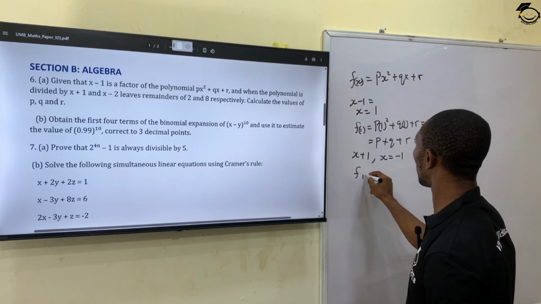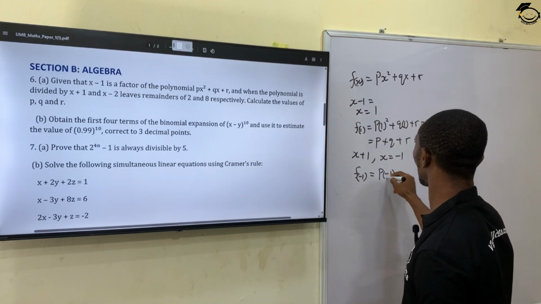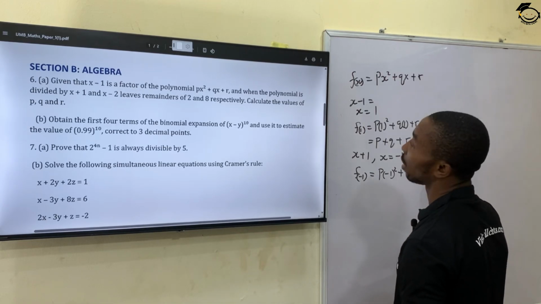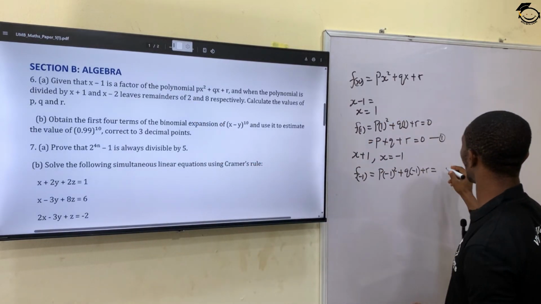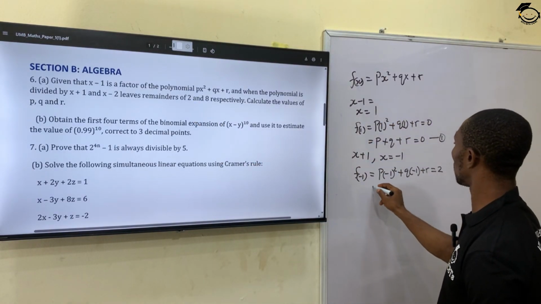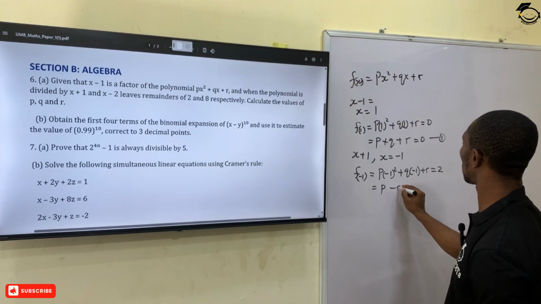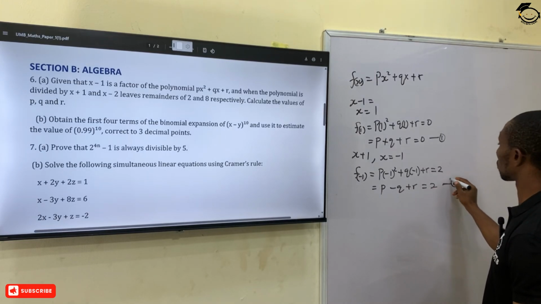So f(-1) equals p(-1) squared plus q(-1) plus r. The remainder is what? 2. So this will give us p minus q plus r equals 2. Let's call this equation 2.